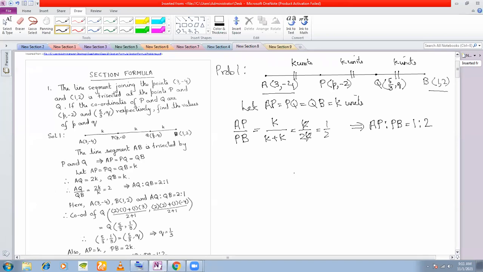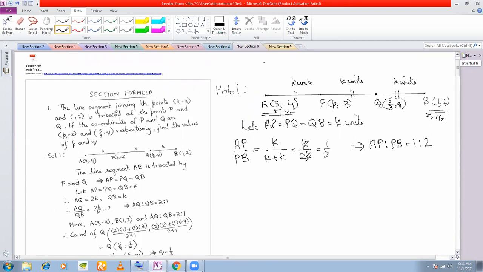So now once I get the AP is to PB, I know the coordinates of A, I know the coordinates of B. So if I take this as my x1, y1 and this as my x2, y2, this part AP becomes, and because we know AP is to PB, this AP becomes M is equal to 1, this part, and this part becomes my N. Okay.